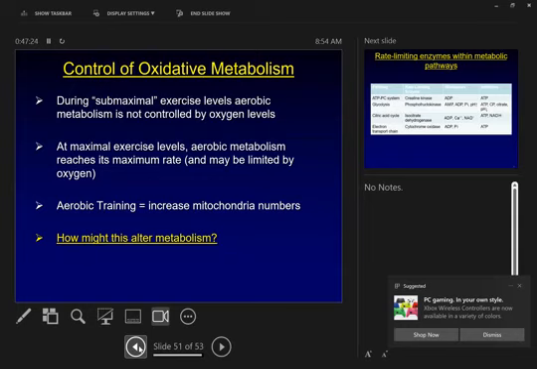So the way you get more mitochondria is run or bike. You have to train yourself. That's one of the primary adaptations from exercise, that it makes mitochondrial numbers go up. And that's a big deal. If you want to metabolize more fat, don't get up and go exercise in the morning when you haven't eaten.